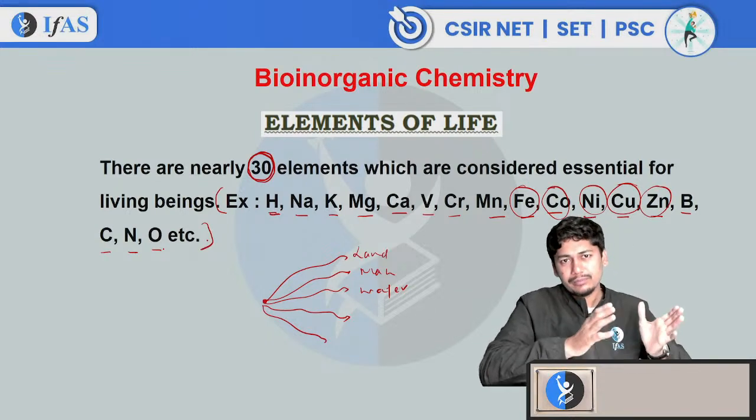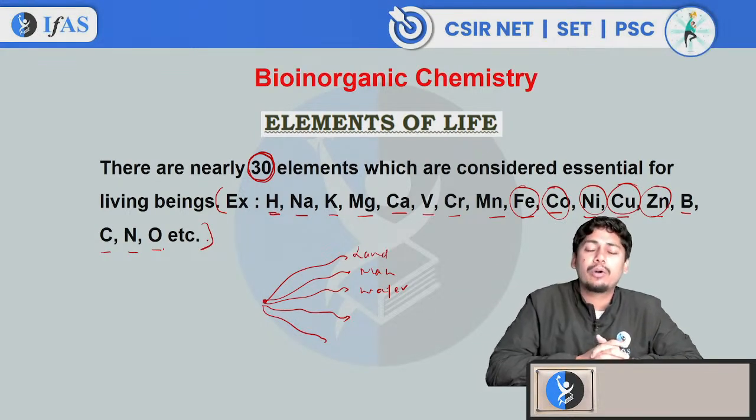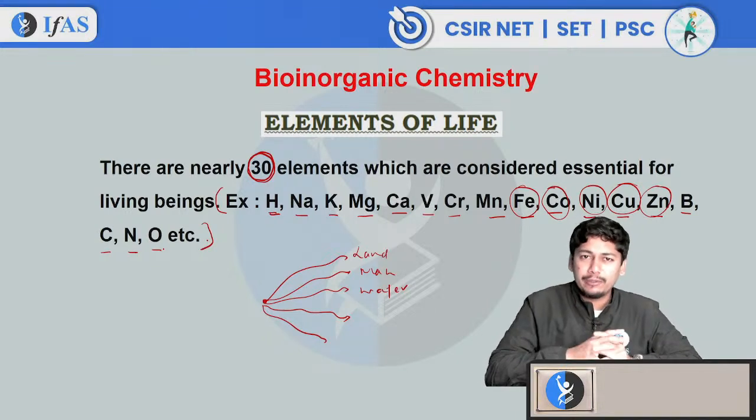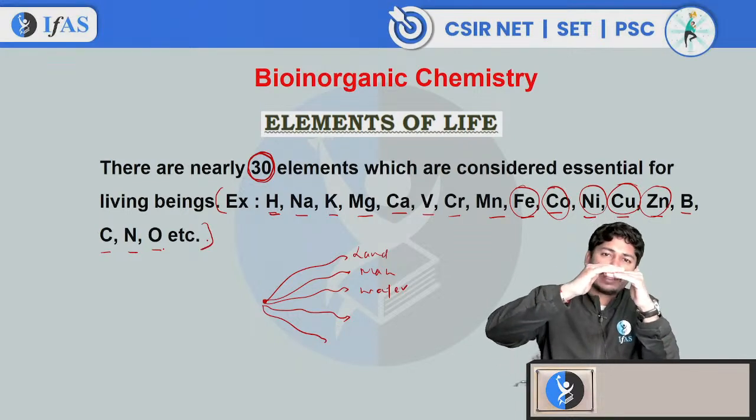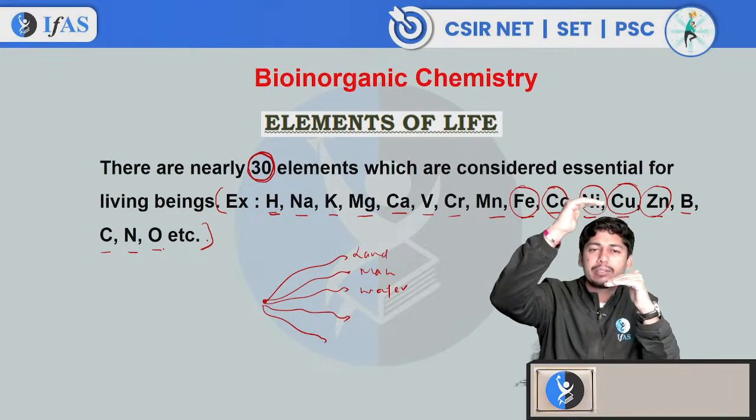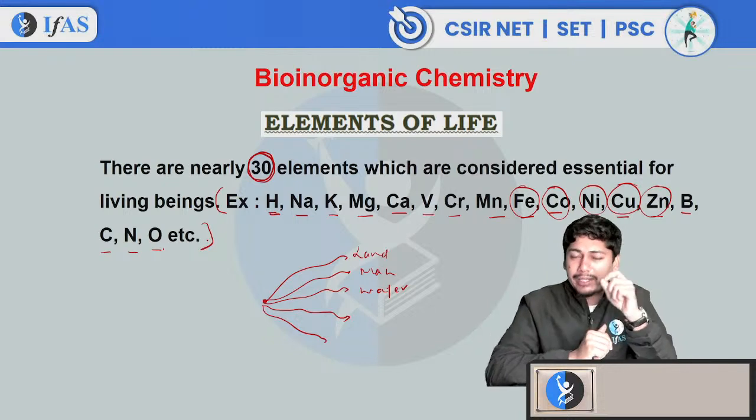So later those elements were not lethal for us but were toxic. Toxic means if you intake them and the concentration of those elements exceeds some level, then it might cause harm.